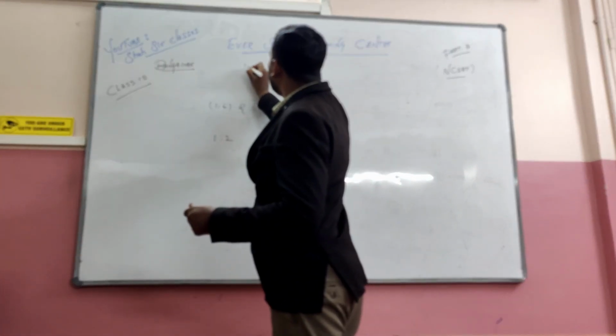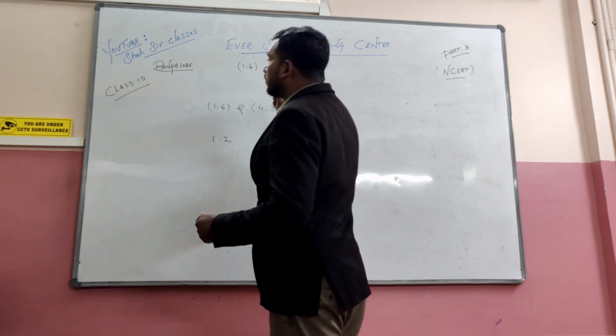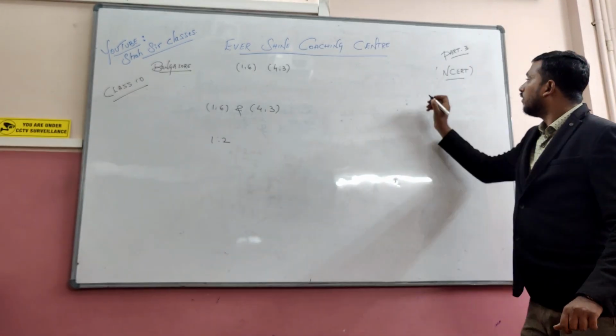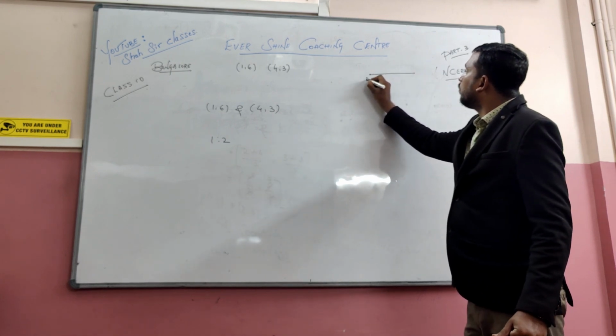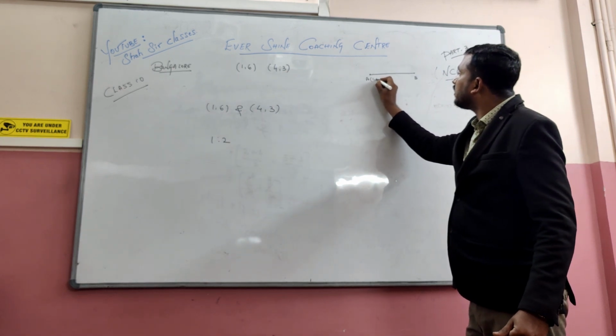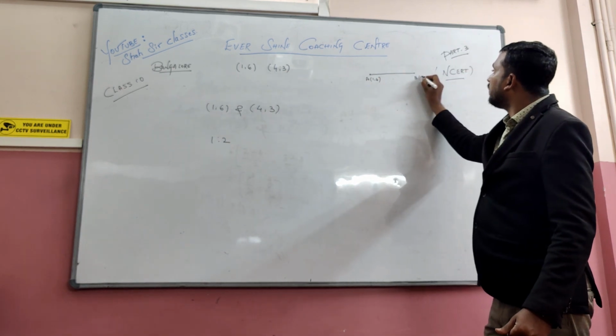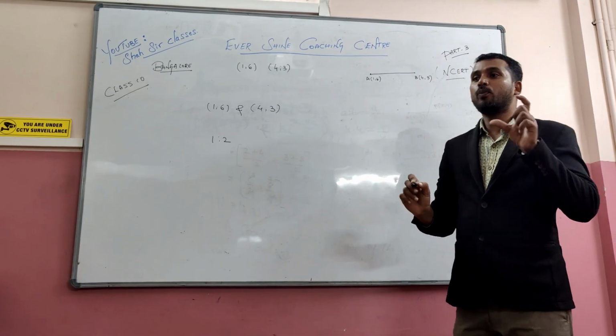See here, I'll write 1, 6 and 4, 3. Observe the picture. We have 2 points. Let me say these are the 2 points A and B. The coordinates of A are 1, 6. The coordinates of B are 4, 3. We have a point, son.